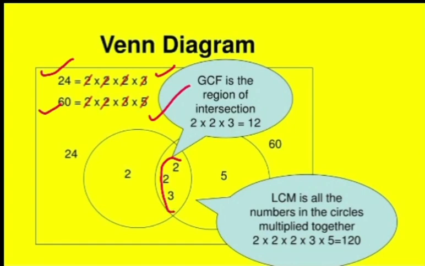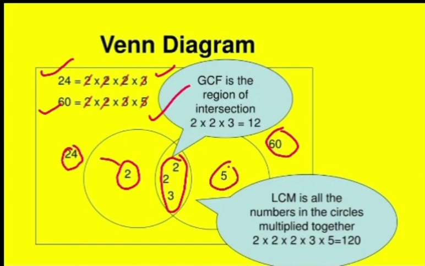Here we note down the common factors, which are the factors for 24 and for 60 also. 2 is a factor only for 24. 5 is a factor only for 60.